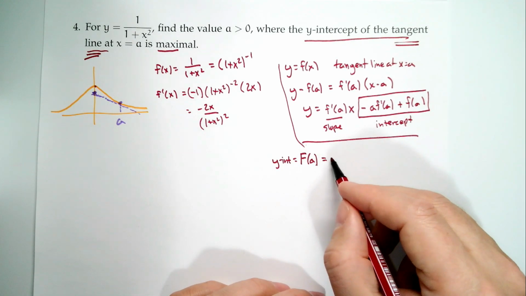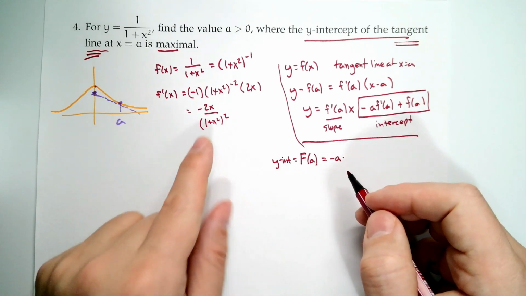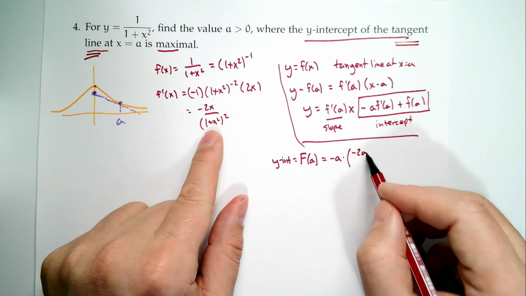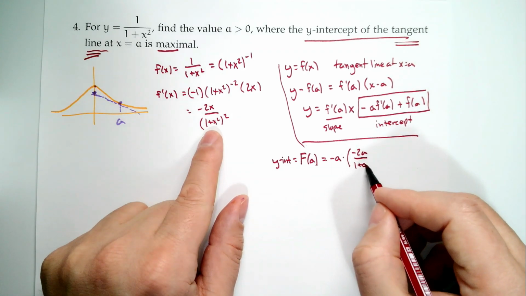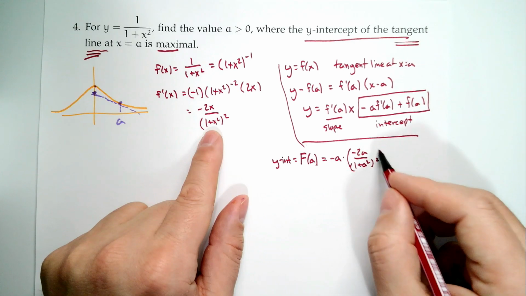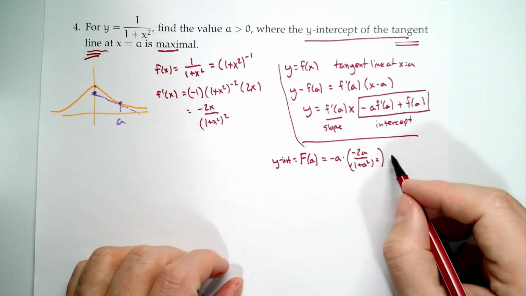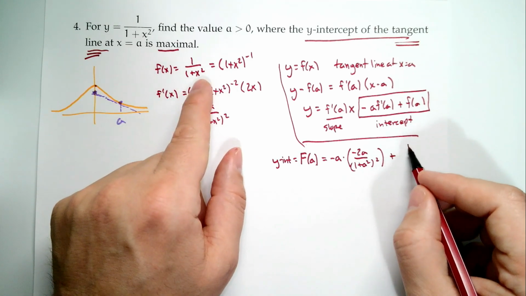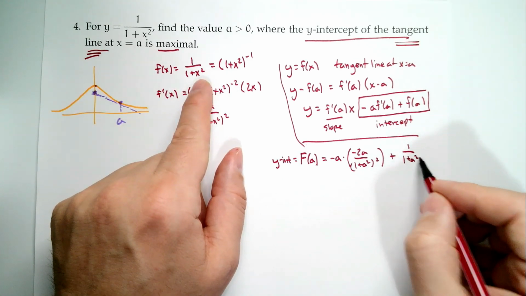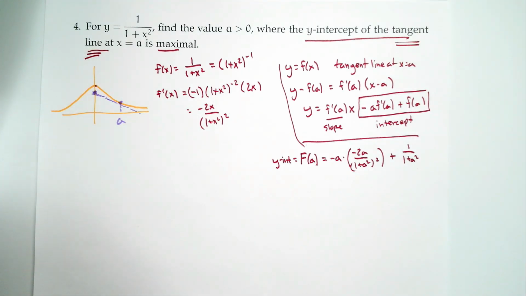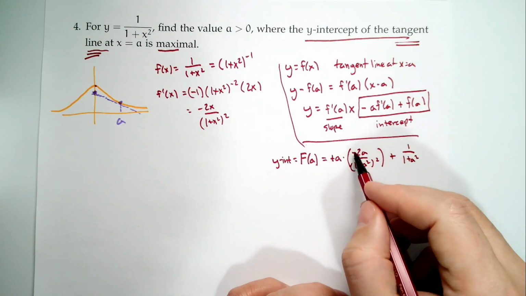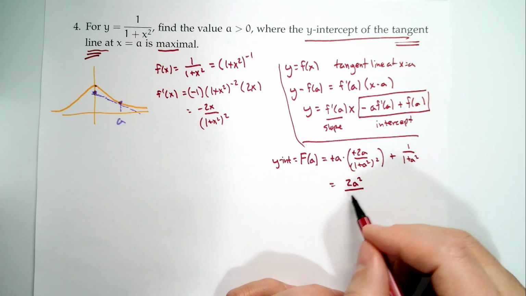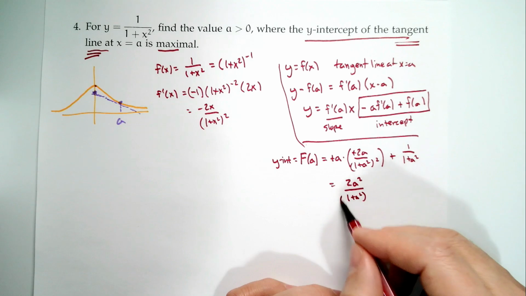That is minus a times, plug a into the derivative, so minus 2a over (1 plus a squared) squared, plus the function at a. Our function, that's 1 over 1 plus a squared. Now, minus minus makes plus. So that's 2a squared divided by (1 plus a squared) squared.